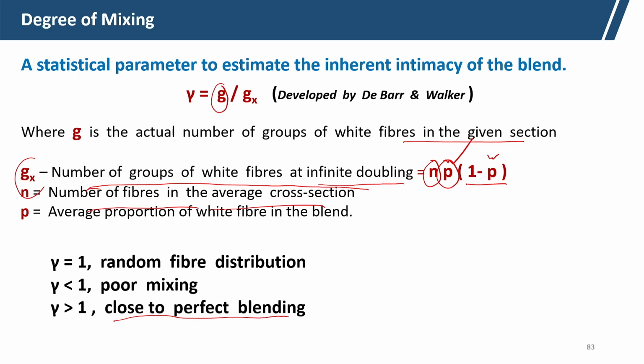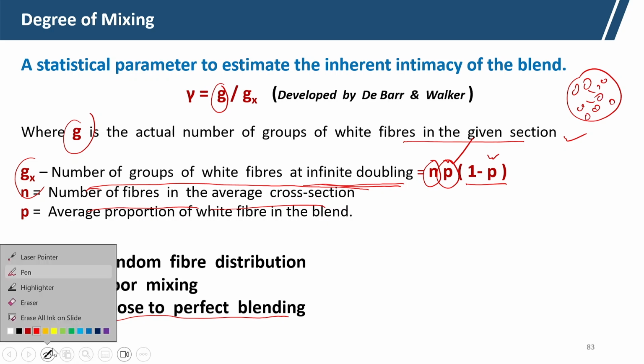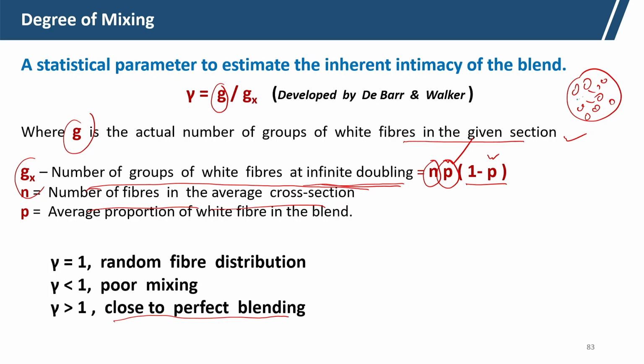Now, what does it mean? G is the actual number of groups of white fibers in a given section, and G∞ the number of groups of white fibers at infinite doubling. If you have infinite doubling, it is going to be a random distribution. Here some random distribution will be there. This is one fiber, another fiber is that.